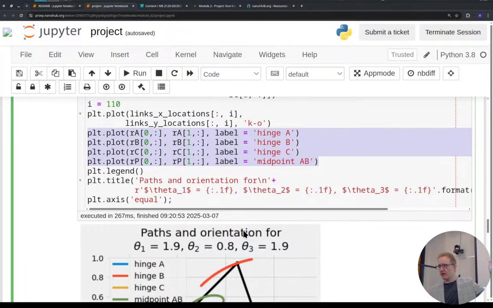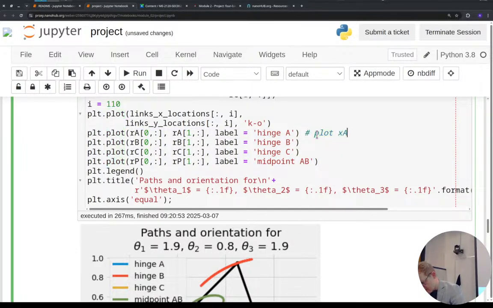The 0 is the first row, so it's all the X values, and then the 1 is the second row, so it's all the Y values. Yeah. So you have RA is XA and YA.